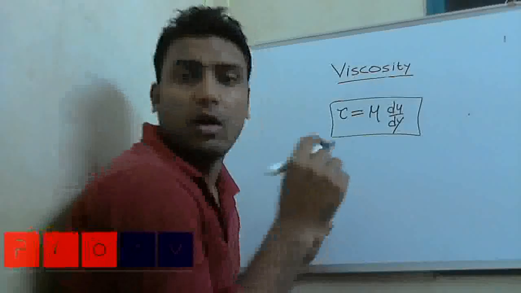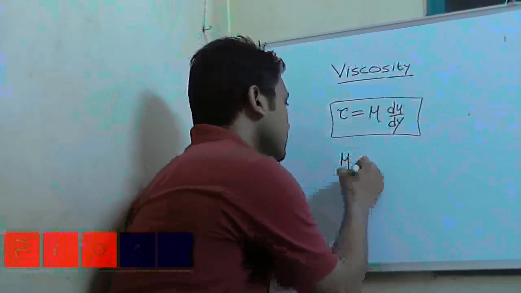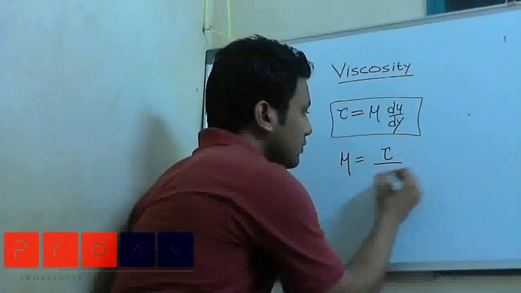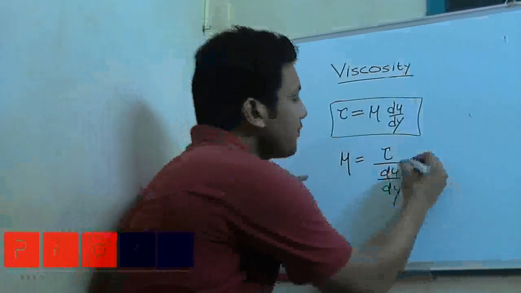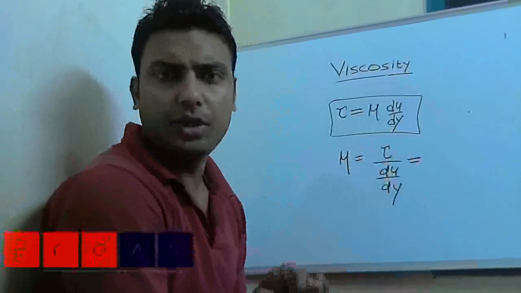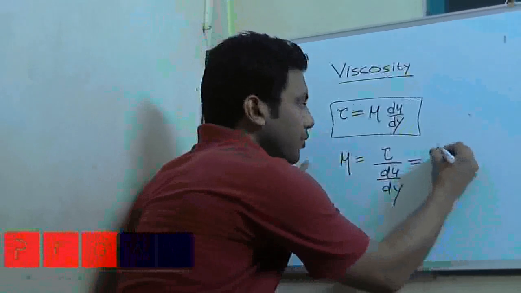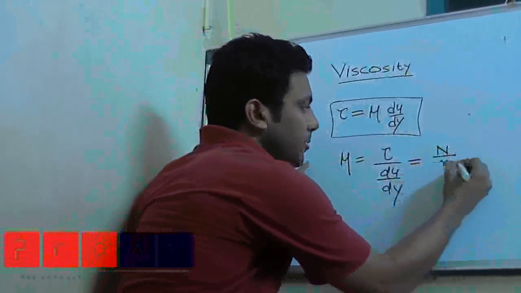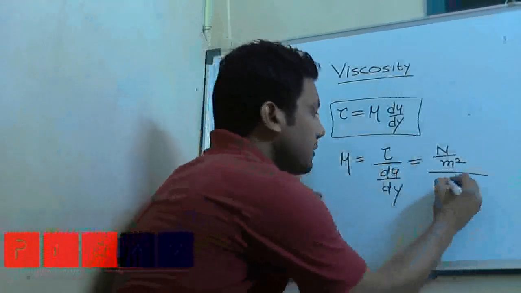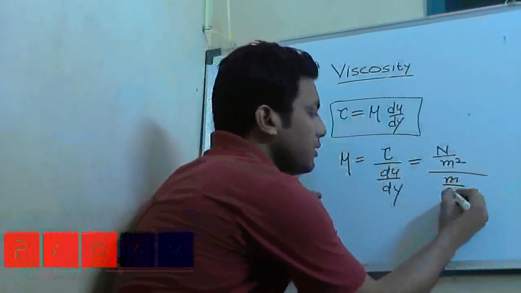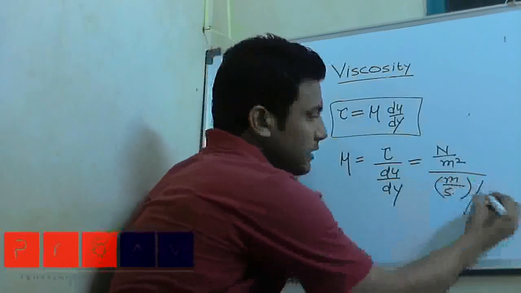Then what will be the unit of mu? You know the unit of shear force is Newton per meter square. The unit of velocity is meter per second, and the unit of depth is meter.